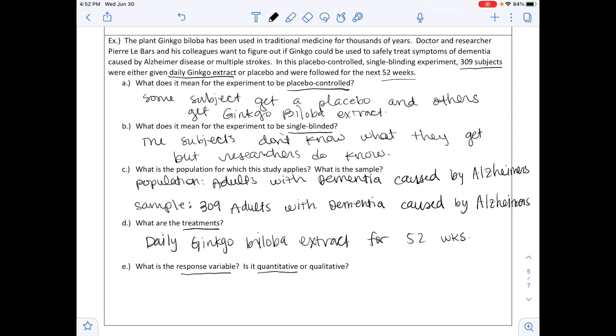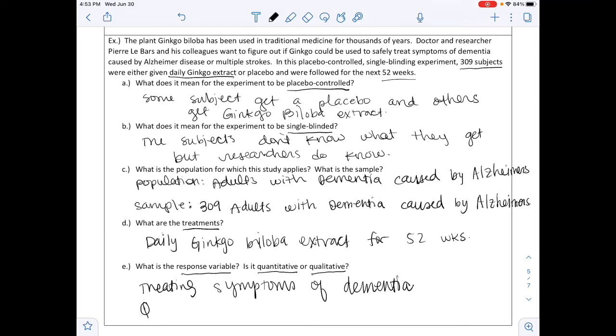Part E says what is the response variable? And it also asks for, is it quantitative or qualitative? So for this, what is the response variable? And so the response variable would be treating symptoms of dementia, and is this quantitative or qualitative?